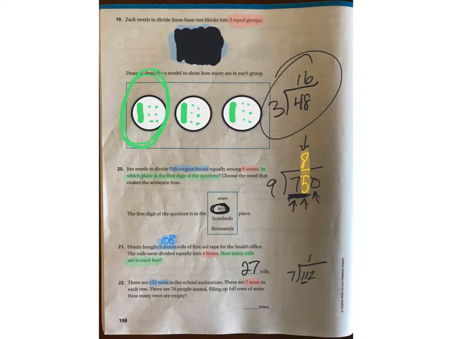I'll go with 1, because 7 times 2 would be 14, and that'd be too many. So 1, now divide. 11 divided by 7 is 1. Multiply. 1 times 7 is 7. Subtract. 11 minus 7 is 4.